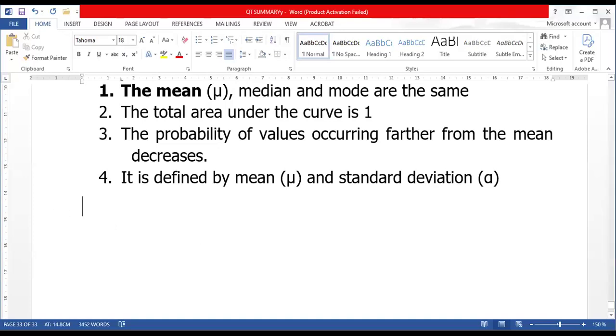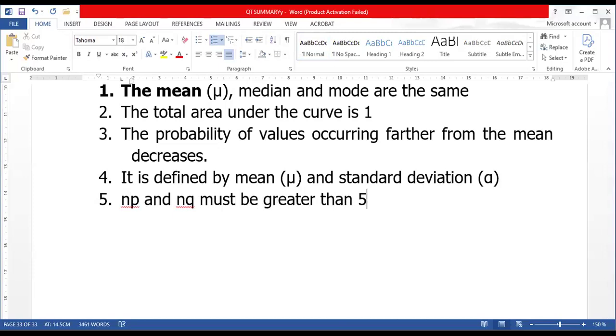Also, you can add another feature: for us to use the normal distribution probability, the np and nq must be greater than 5.